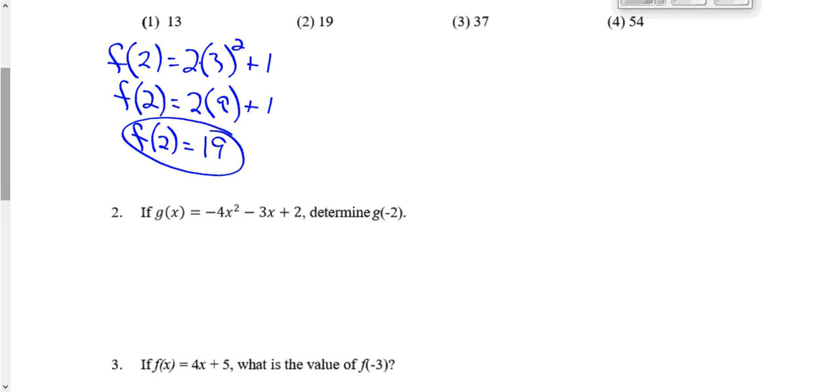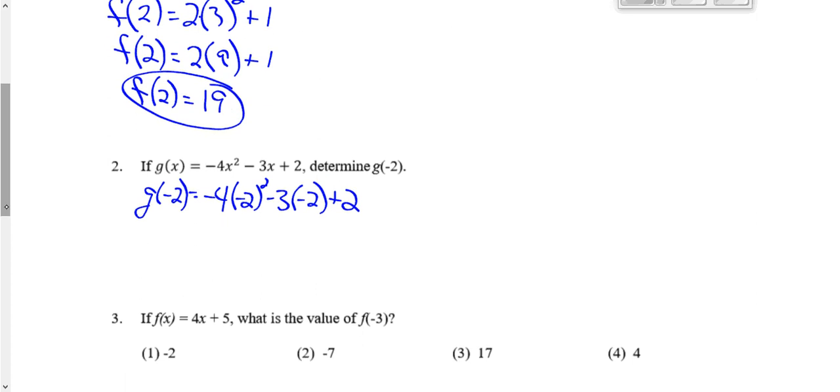So you'll have g of negative 2 is going to be negative 4 times negative 2 squared minus 3 times, look, put a negative 2 in there, plus 2, right? Okay, somebody said 24? I got negative 8.